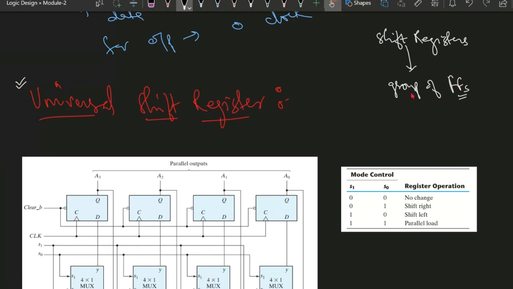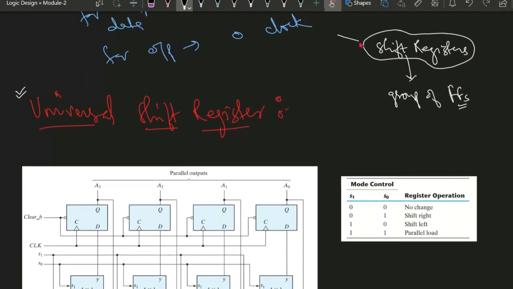A different group of flip-flops constitutes the shift registers, and we have already seen different types of shift registers, like serial in, serial out, serial in, parallel out, parallel in, serial out, and parallel in, parallel out. So these are the four different categories of the shift registers.